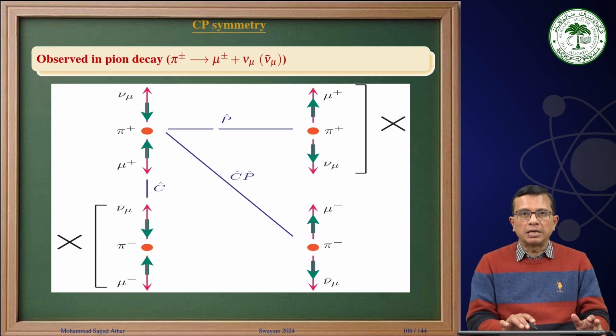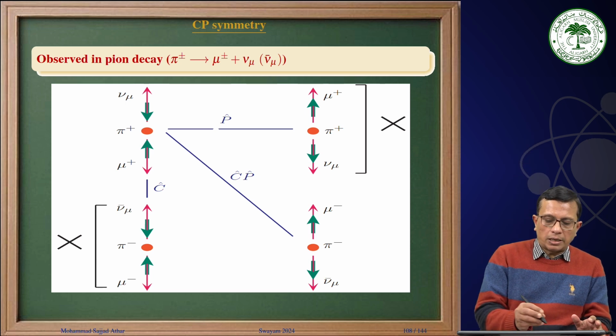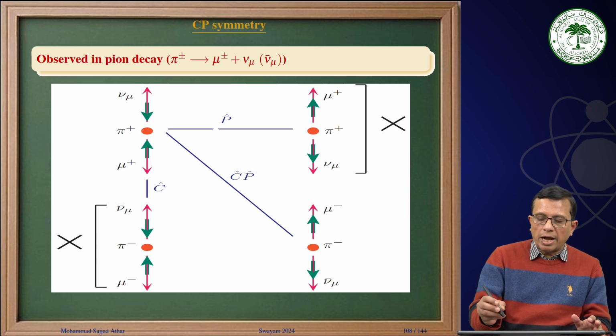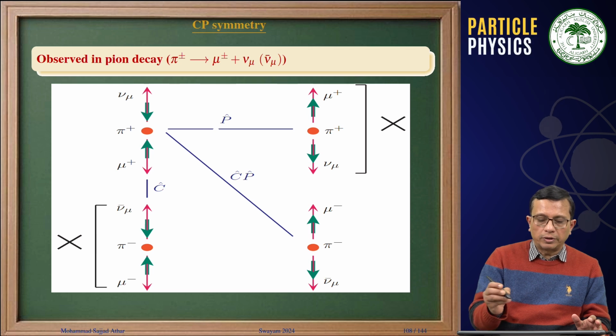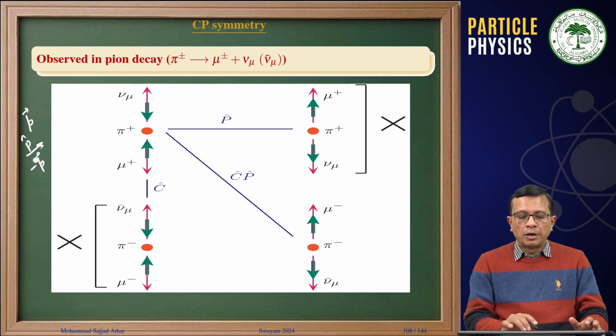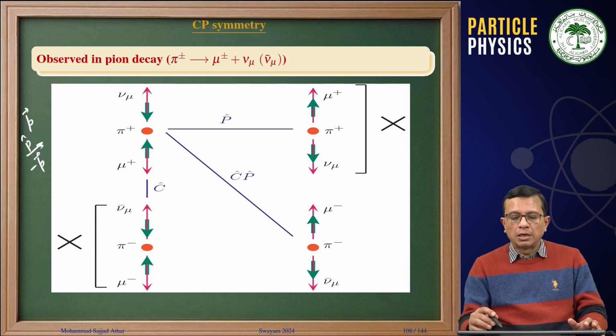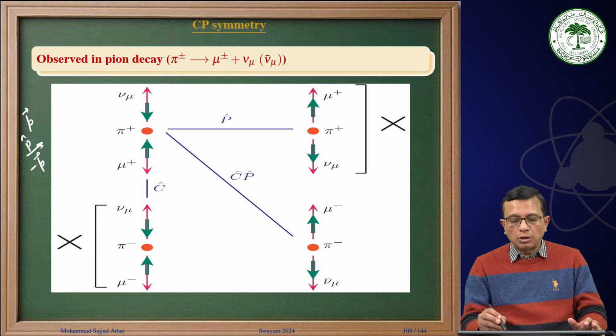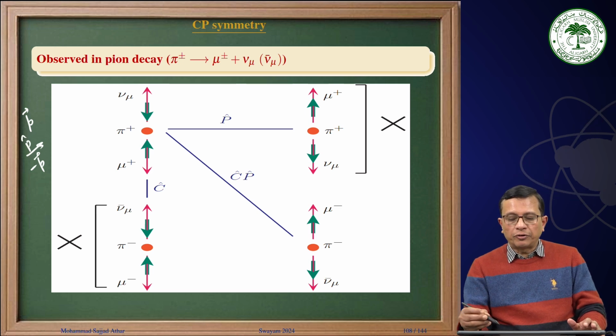Therefore, the angular momentum is unchanged, while the linear momentum changes to minus p, and therefore mu plus, which was going in the downward direction, now starts going in the upward direction. And similarly, nu mu, which was going in the upward direction, is now going in the downward direction, while spins are unchanged. Therefore, what is happening?